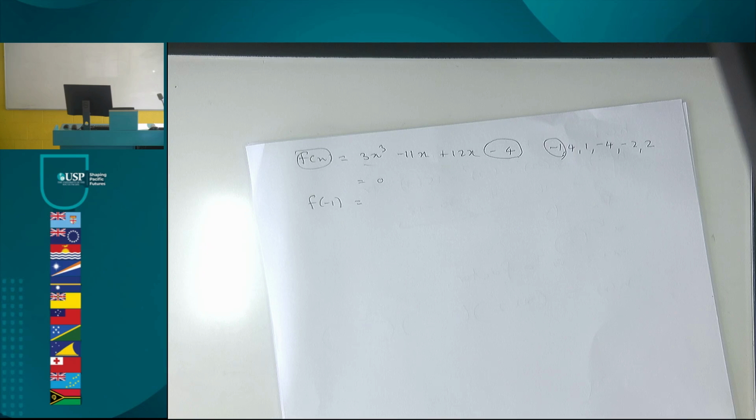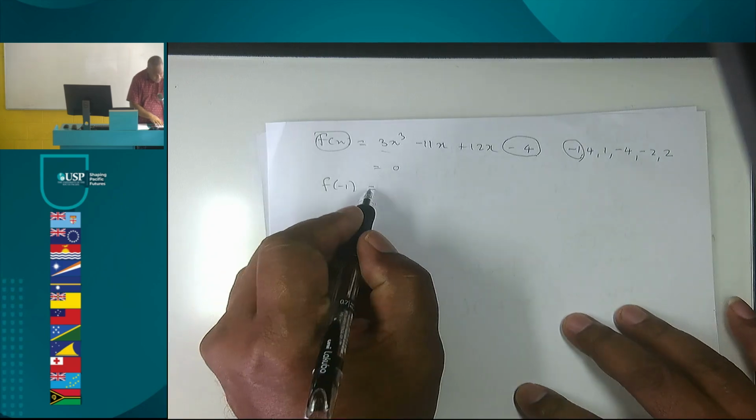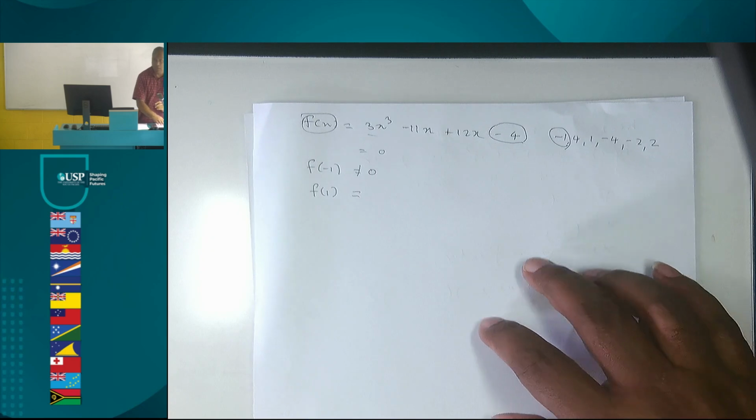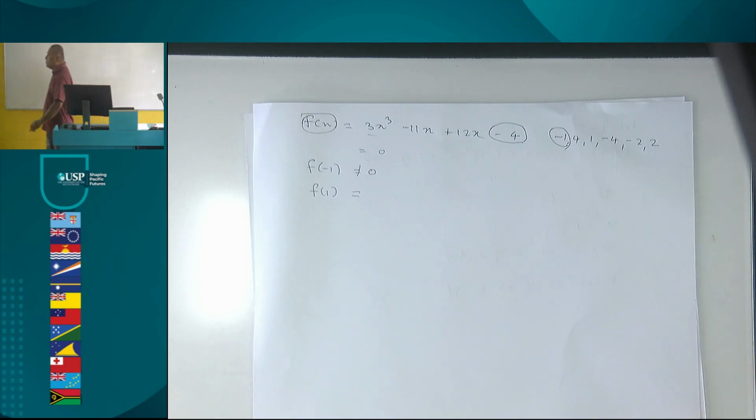No. Okay, so this doesn't give me 0. So try out f of 1. I want one that gives me 0. Does f of 1 give you 0? Yes? Okay.